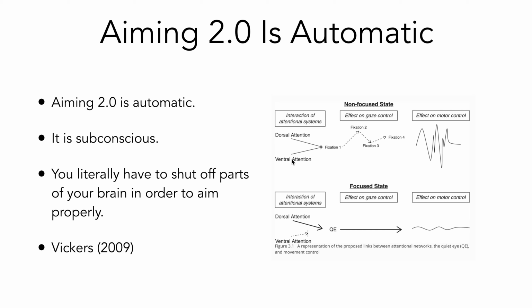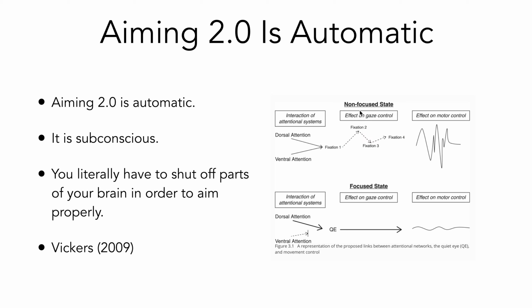Now the thing is, if you have both dorsal attention, meaning your motor cortex is active, and ventral attention, meaning your visual cortex is active, then you end up having a non-focused state. So your gaze is all over the place. Your eyes end up looking all over the place.